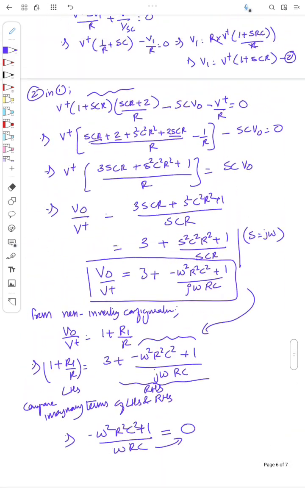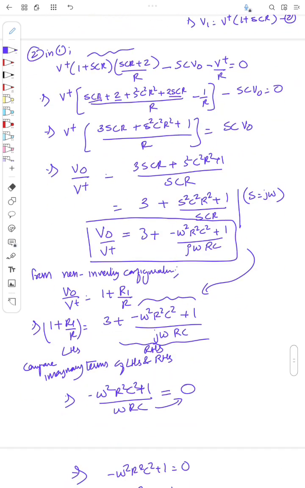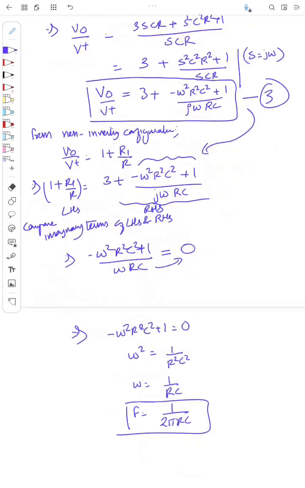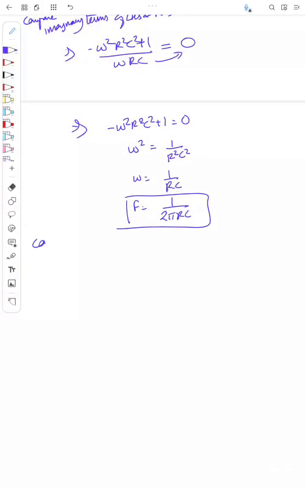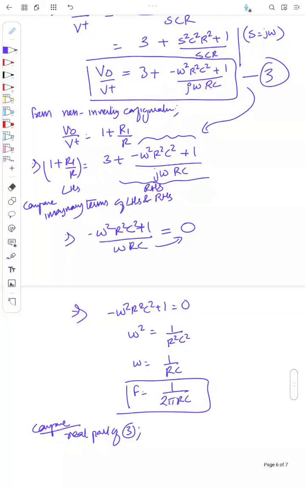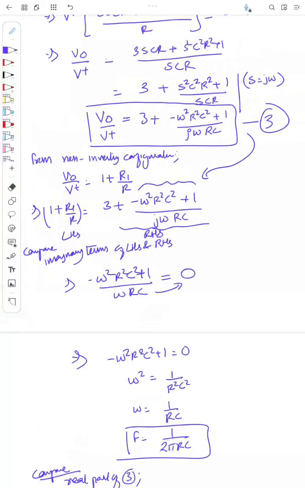Okay, similarly, I'll say this as equation 3. Okay, now I will compare the real part of 3. Okay, in this real part, so no, not this one, sorry, we'll say this is the 3.